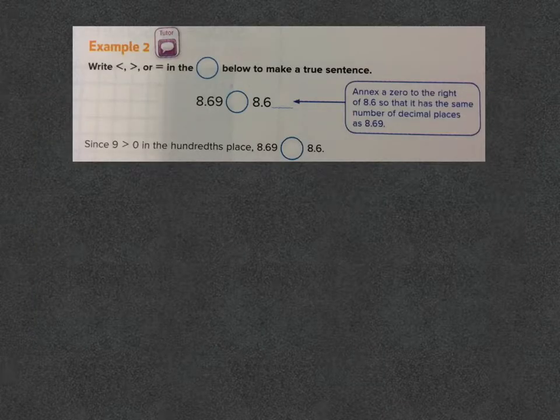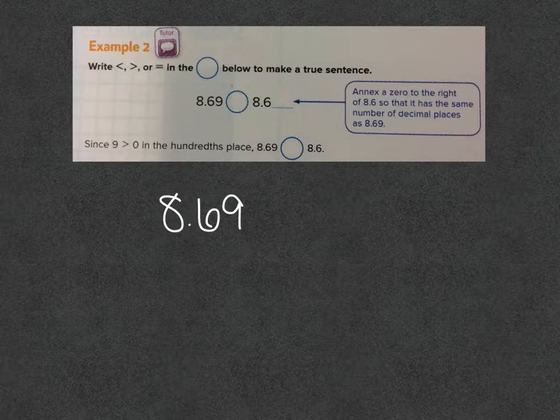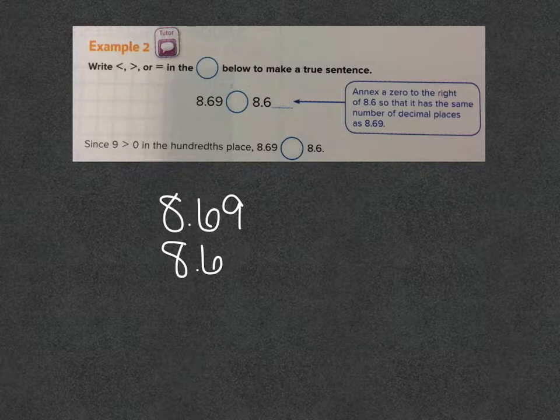Example 2 says we're going to write greater than, less than, or equal in the circle below to make a true sentence. So I have the number 8 and 69 hundredths, and 8 and 6 tenths. Ooh, now this is a really good example. Kids would totally get mixed up on this.